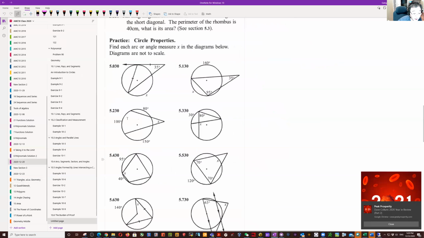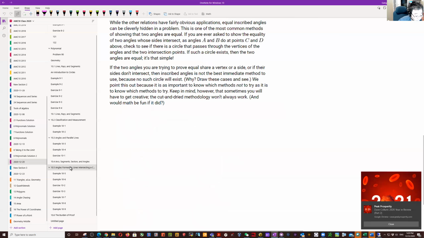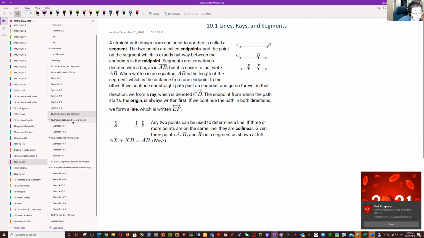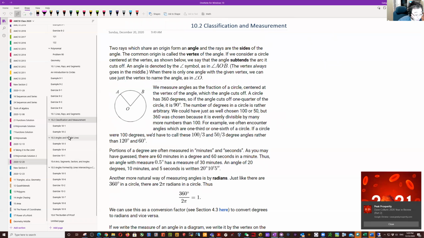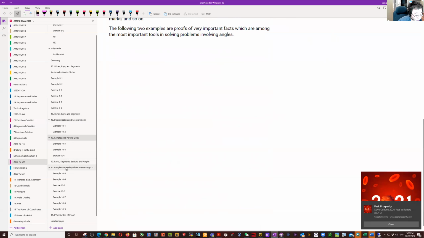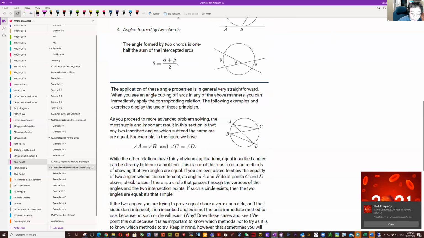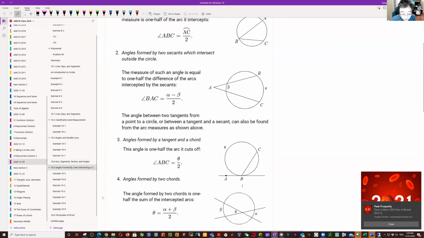So, a tangent line and a chord. So basically, this is theta. Theta is the whole arc.